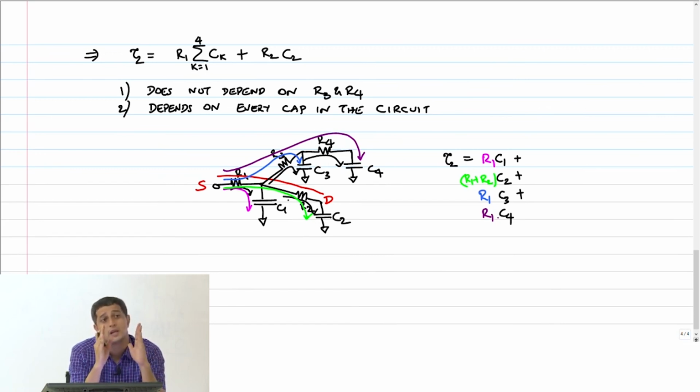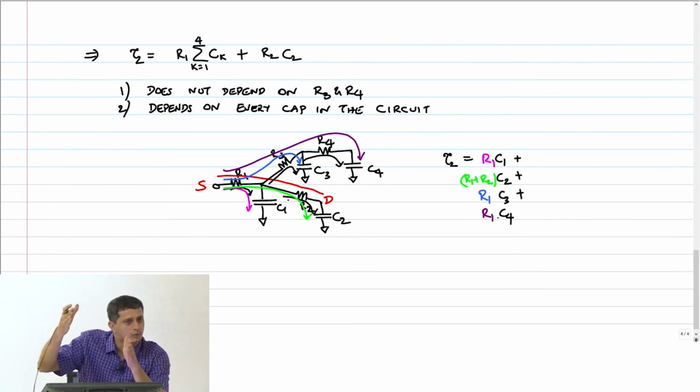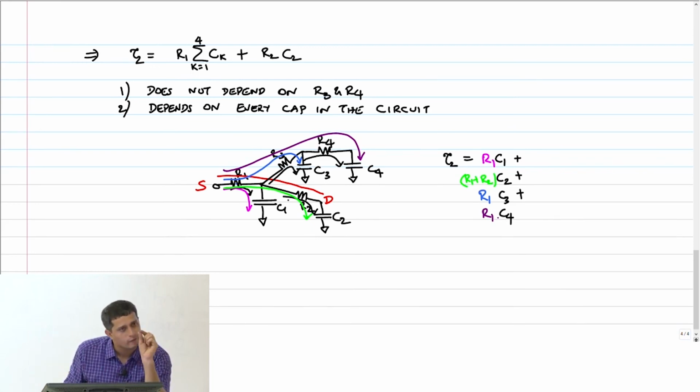No, what do you mean by limit? What do you mean by limiting R3 and R4 to infinity? You are going to increase the value to infinity in a sequence, but every number in that sequence is a finite resistance. Correct? That's what you mean by limit. So if that happens, for every finite resistance, the delay is independent of R3 and R4. Therefore, it does depend on C2.